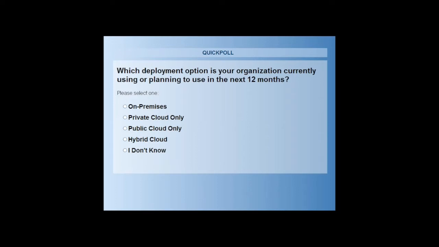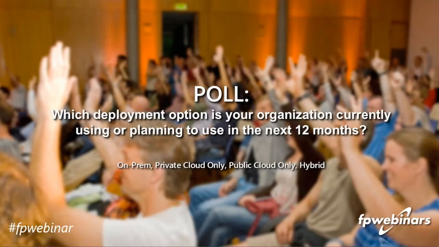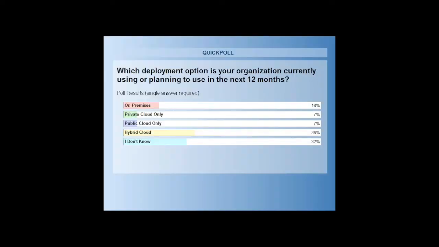I'll give you a couple more seconds, and then we'll move on to the next slide. I'm dying to see the results. All right, there are results there. It looks like we have a bit of variation in those results. That's good for us to know as we do these webinars, and it also gives us some insight into what you're thinking.